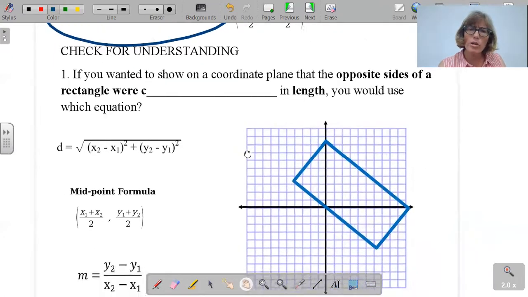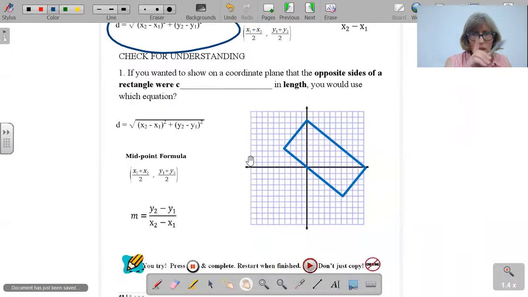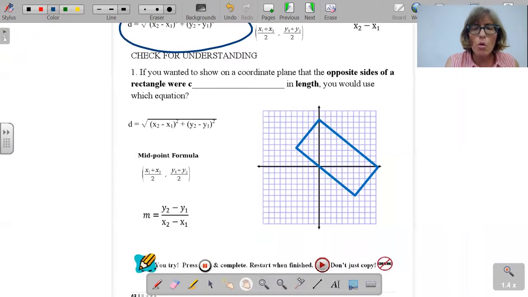I'm going to check to see your understanding. Okay, so I'll give you one example, then you're going to do two. It says right here, if you wanted to show on a coordinate plane that opposite sides of a rectangle were congruent in length.